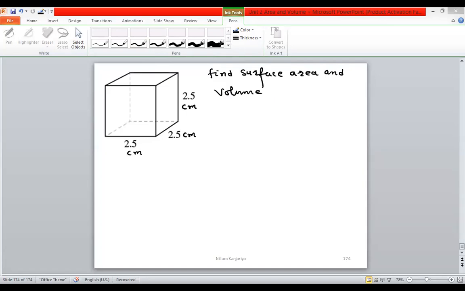Area 37.5. Don't say area, you say surface area. Okay? Yes. Wait a minute. Yes. Tell me the answer, surface area.